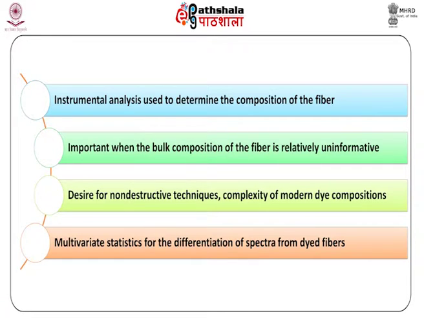While microscopic and instrumental analysis can be used to determine the composition of the fiber itself, additional specificity is gained by examining fiber color. This is particularly important when the bulk composition of the fiber is relatively uninformative, as it is with cotton, wool, or other natural fibers.